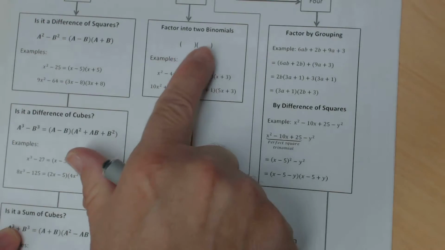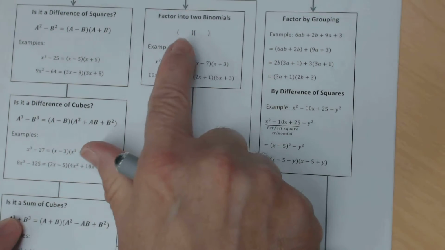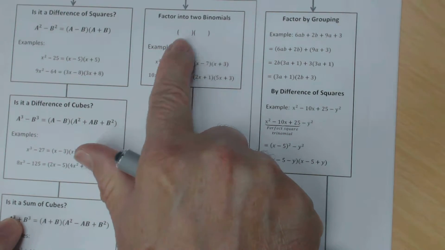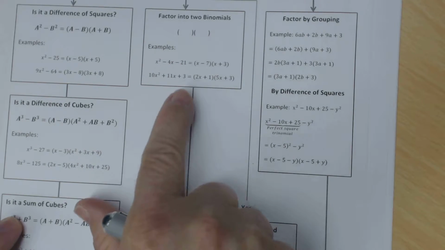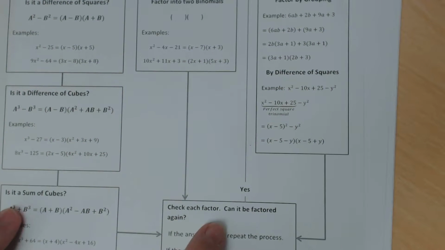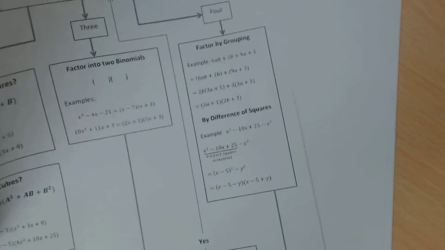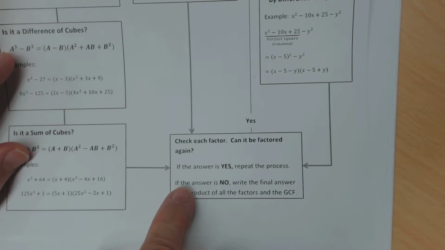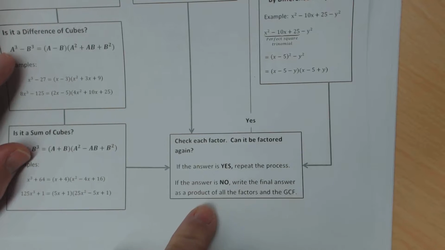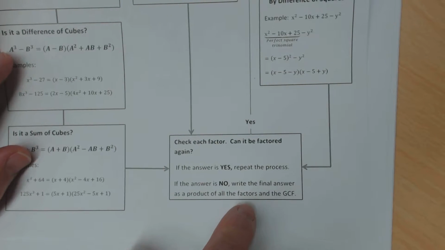Then over here, once you've factored into 2 binomials, remember, you always looked at each binomial and asked yourself, can you go any further with it? And so that's what this is. Check each factor, can it be factored again? Okay, so if it's yes, repeat the process. If it's no, this is your final answer. But don't forget about the GCF.